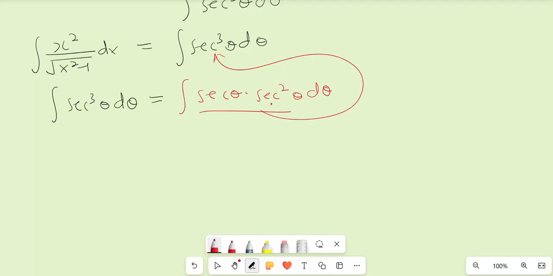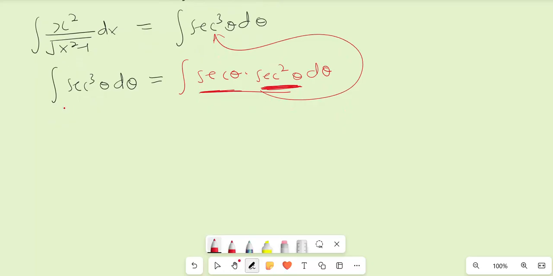We can easily integrate secant to the second power of theta and differentiate secant theta. That is the reason why we are splitting the secant to the third power into two parts: secant squared theta, which is easily integrable, and secant theta, which can easily be differentiated.